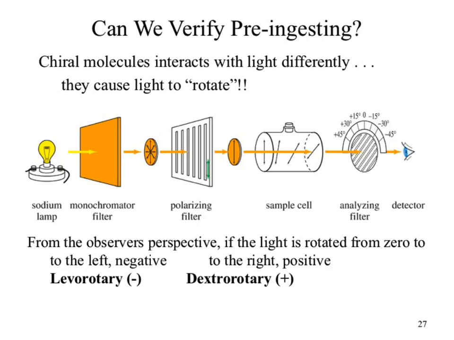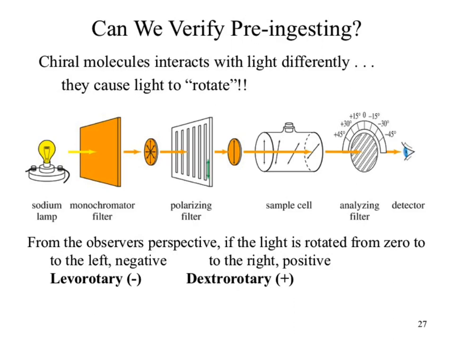R and S are an absolute configuration on the structure. Optical activity is an assignment of our chirality based on a black box. I can't see what's in it, I just see that it rotates light differently. Okay? Which means if I have an R enantiomer, it could rotate light to the left, it could also rotate light to the right. We really have no way to distinguish. Okay? So treat them as different systems.